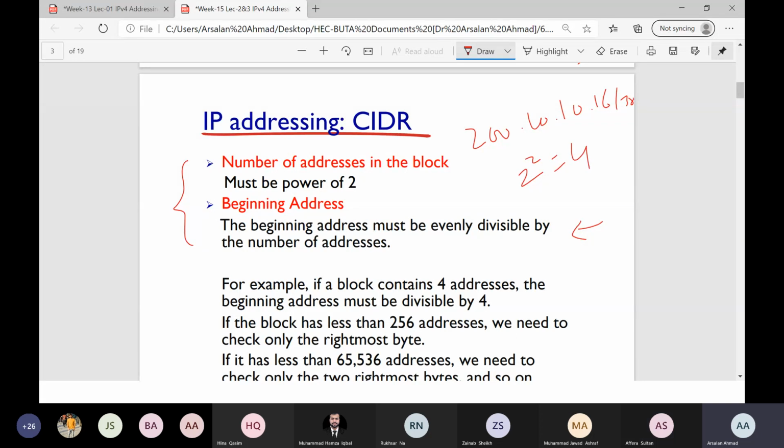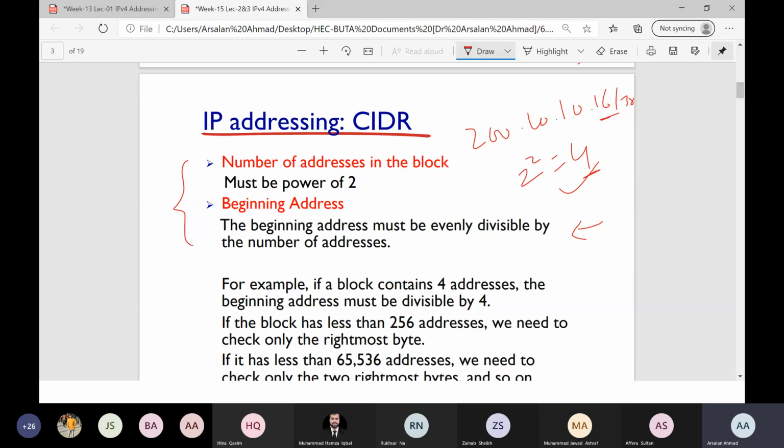If I have bought this block, I have bought a very small block, only 4 addresses. Now 4 addresses means that my total address range is from 10.16 up until 10.19. The beginning address is 16, and it should be evenly divisible by the block size, by the number of addresses. The number of addresses is 4, 16 is evenly divisible by 4, so this is right.